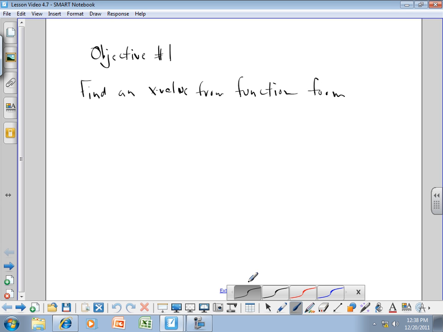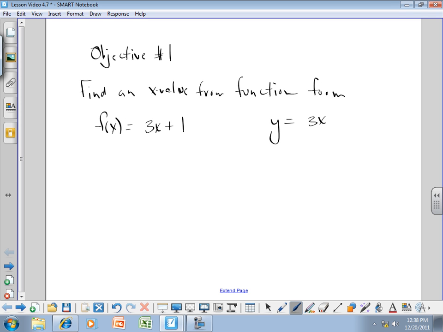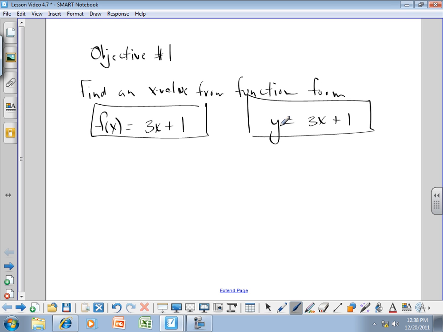And let's start by looking at something in function form. Here is an equation that's in function form. The only difference from what you're probably used to seeing is that instead of a y, there's an f of x.